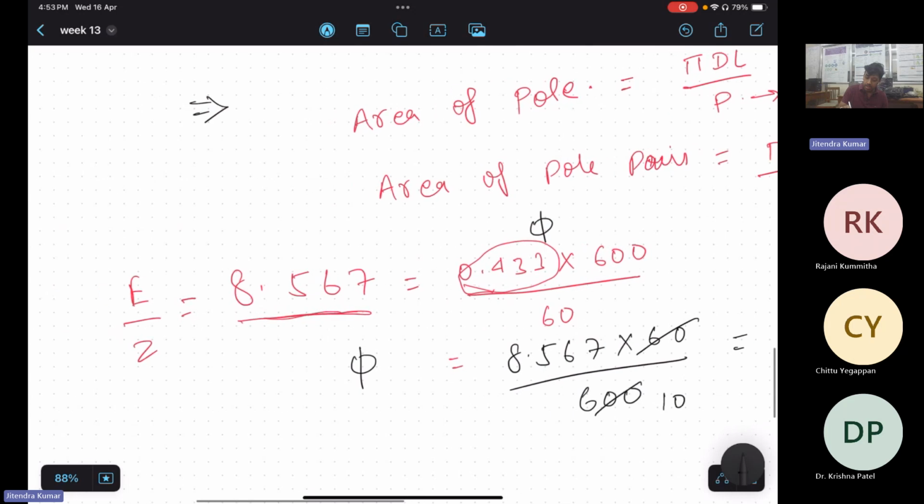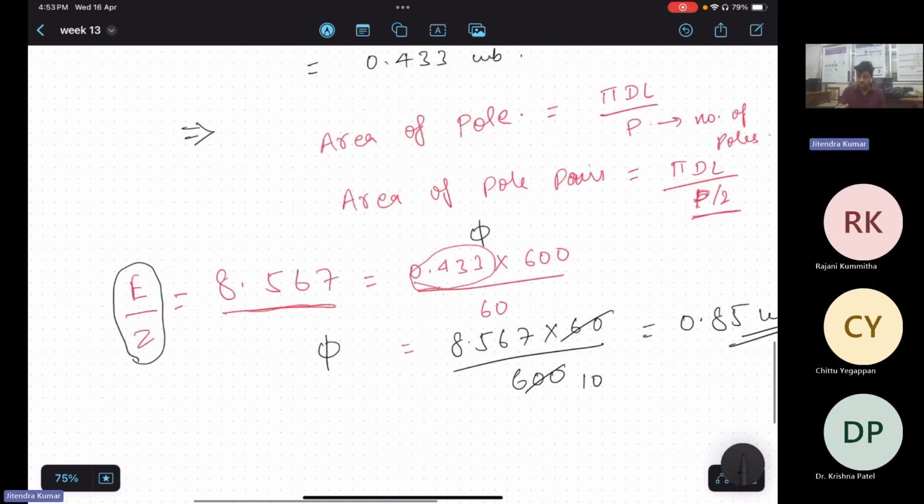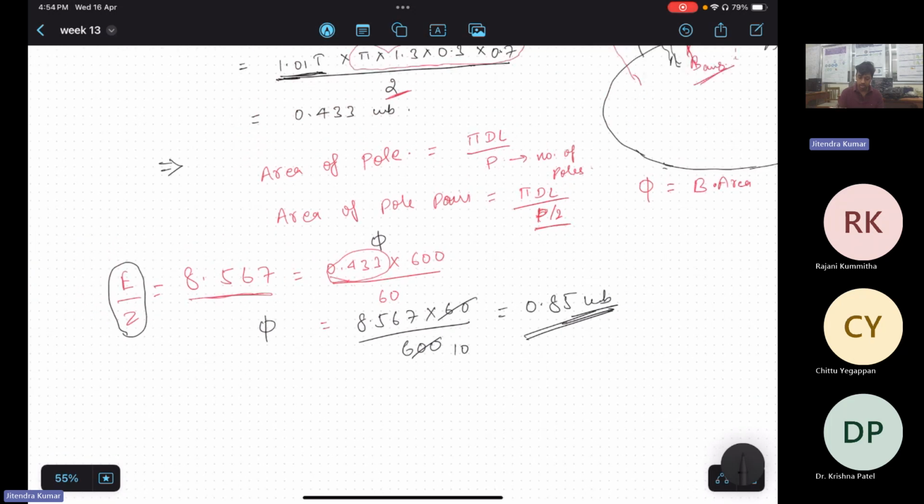Because this EMF per conductor you have calculated from the power rating, from that method you will get 0.85 Weber. If you do not calculate this flux linkage, you will get this value of flux, 0.85. You got my point?